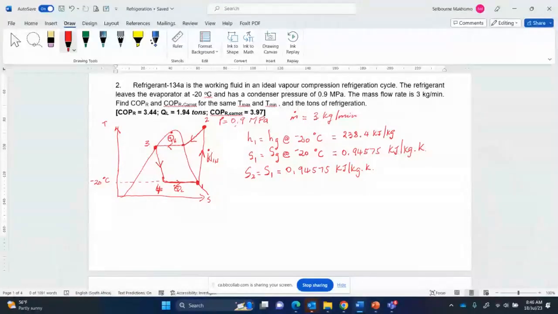So now we need enthalpy at 2. At 2, the steam is superheated.